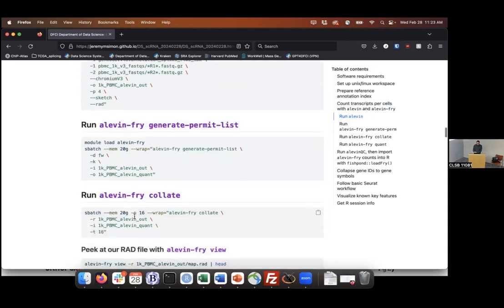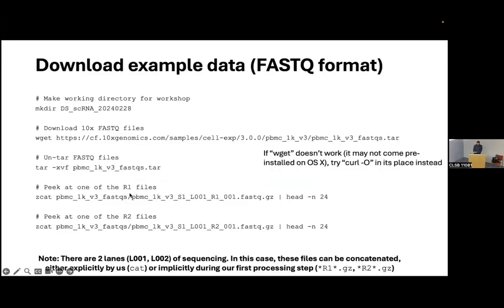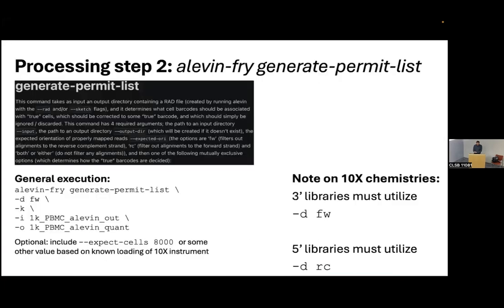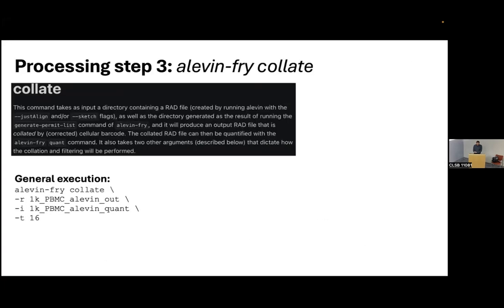The output of that then goes into AlevinFry collate, which, I have to remind myself what collate is doing. So it takes this RAD file, which is what the first step of Alevin is generating.